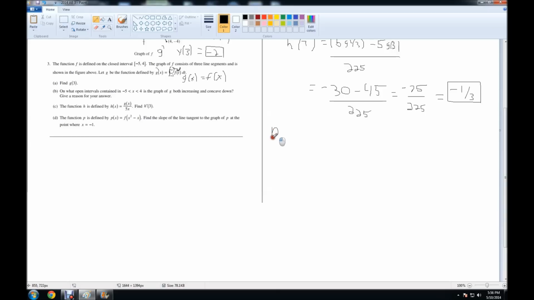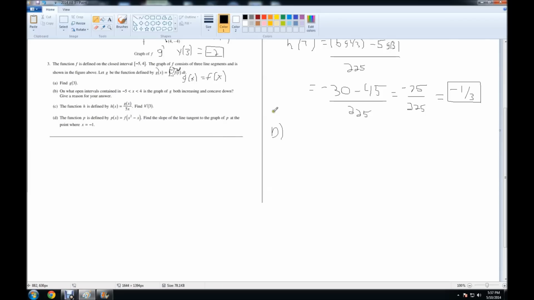Part D. The function p, another function, is defined by p of x is equal to f of x squared minus x. Find the slope of the line tangent to the graph of p at the point where x equals negative 1. So we're just looking for the slope, so we actually don't need to plug in negative 1 anywhere to find the y value. We just need to plug in negative 1 to the derivative of p of x.